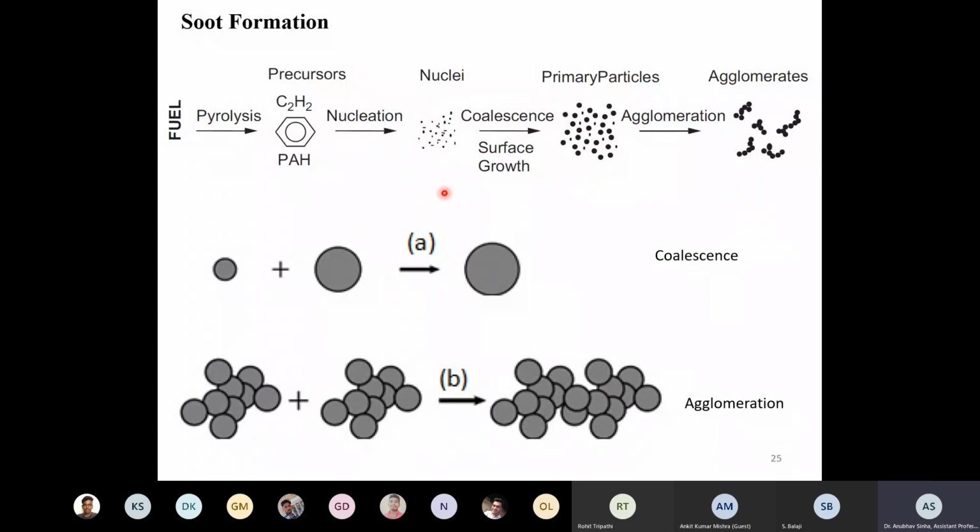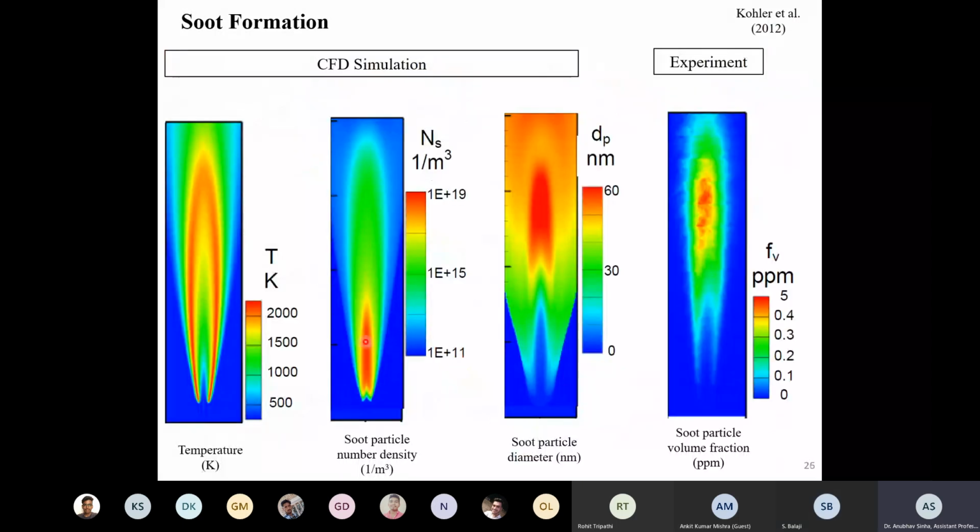Which will have more number, this or this? Smaller particles will have more number. So this is the inception region. We have smaller particles, so the number density, which is the number of particles per unit volume, is higher. We have more particles here.